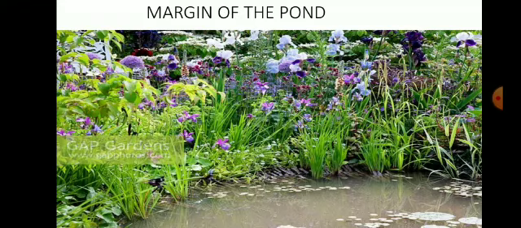Now let us see children here. We find different organisms living in different regions. This is due to some conditions like availability of different amounts of food, air, light, etc. Now let us study about the different organisms present in different layers of the pond. This is the margin of the pond image.